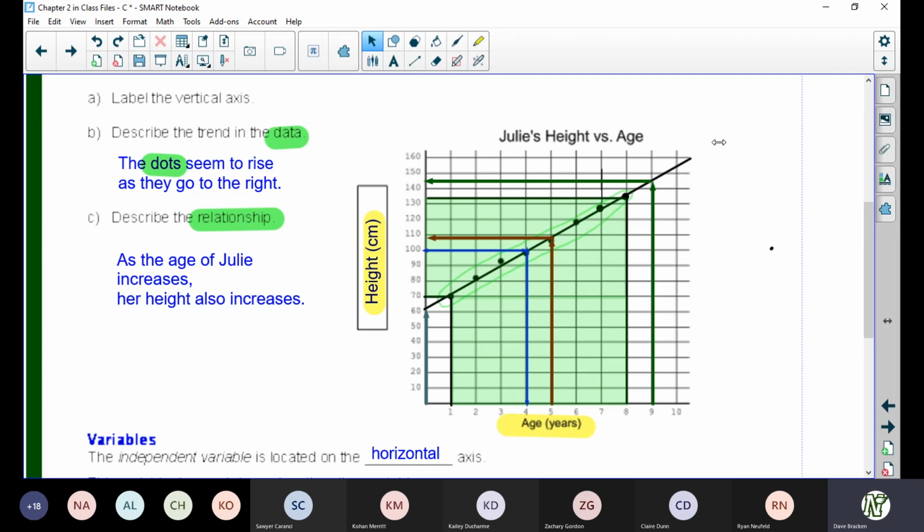So do you see that green shaded area that I just created? Anywhere in there is between our first and our last dot. So we call this interpolation.